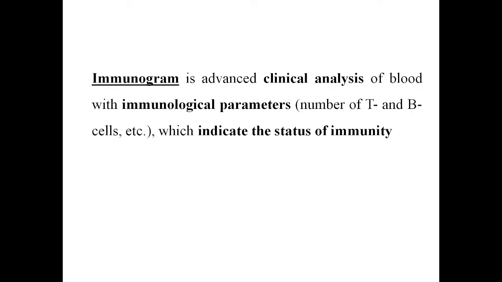We may collect these parameters in an immunogram. What is an immunogram? An immunogram is an advanced clinical analysis of blood with immunological parameters, number of T and B cells, and so on, that we have just discussed, which indicate the status of immunity, the level of immunity.